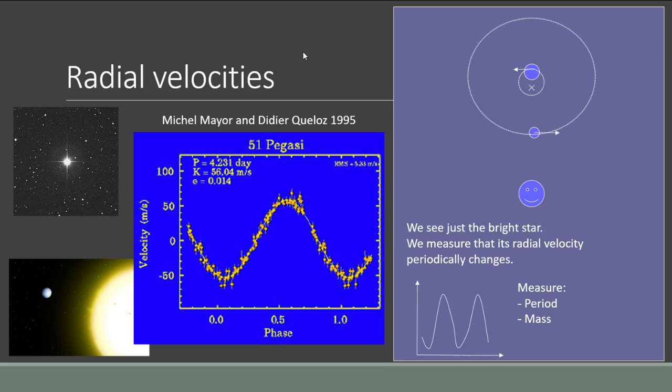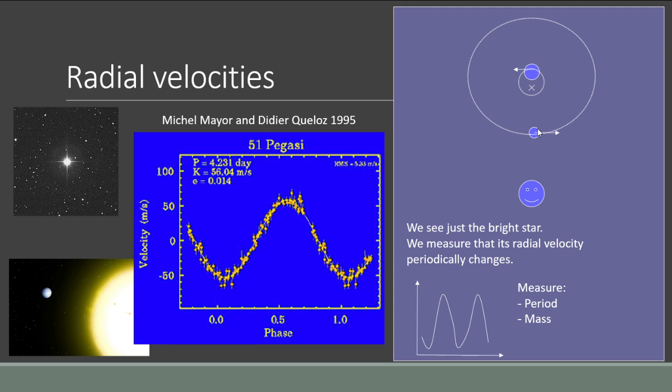So historically, the first method of discovering exoplanets around normal stars, and normal means solar-like, not exactly like the sun, but stars with hydrogen burning in their interiors, was related to radial velocities of stars. The idea is very simple. We don't see the planet. But let us imagine a very simple situation, a star and a single planet.